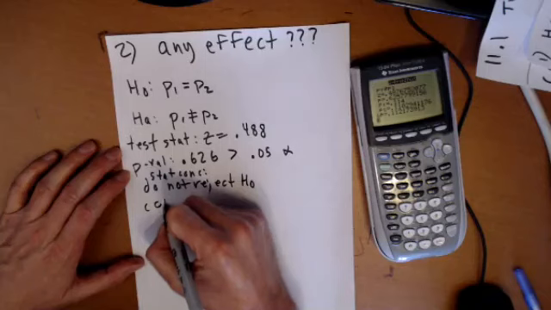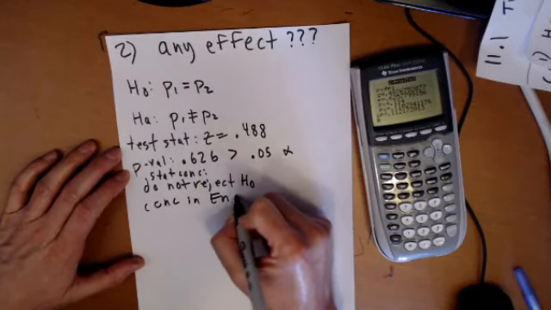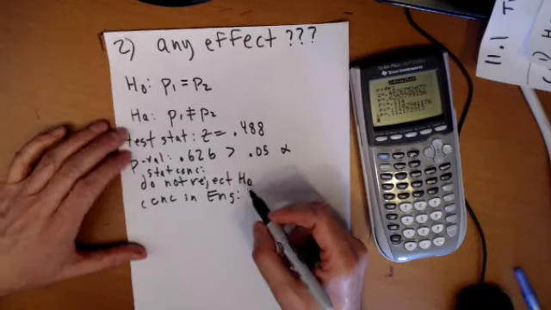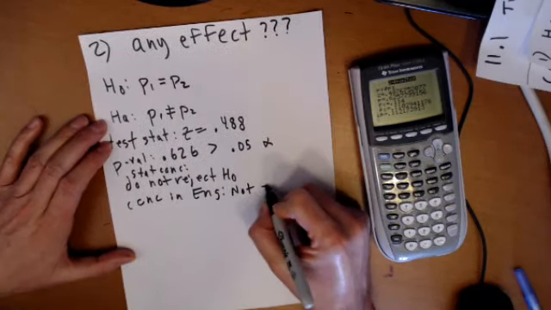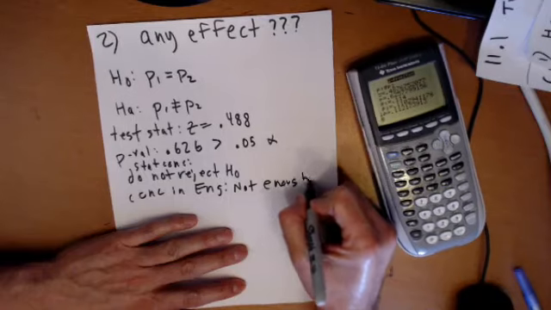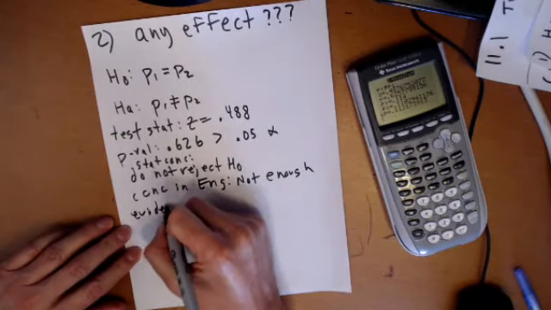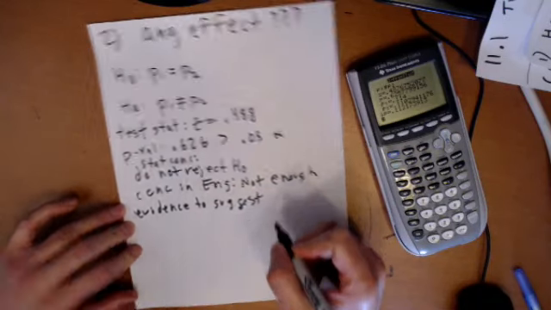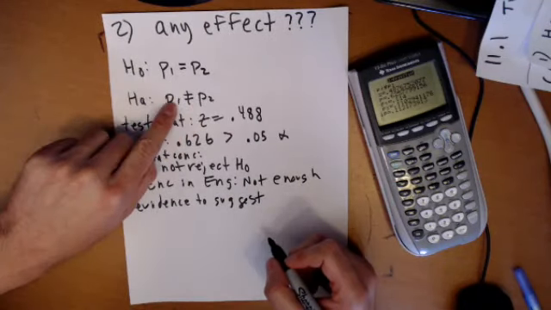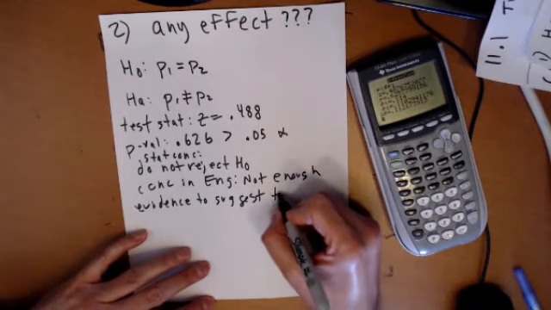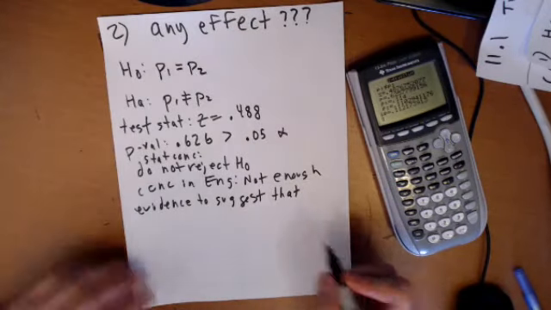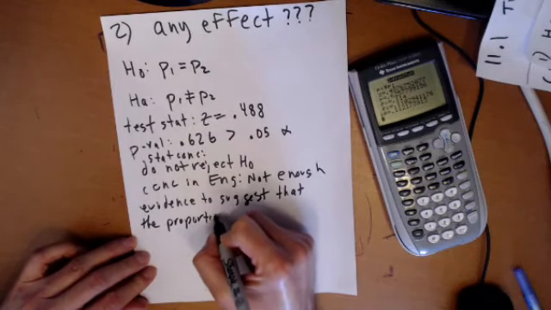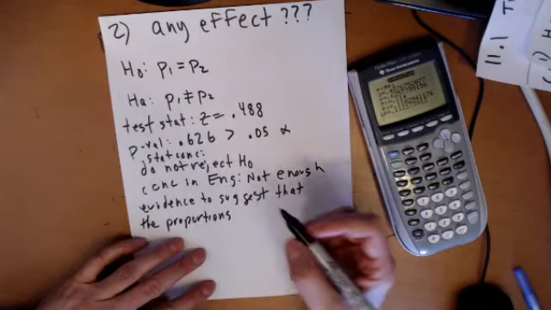And now conclusion in plain English. Okay, so if it's do not reject H0, then I say not enough evidence to suggest that the proportions are different.